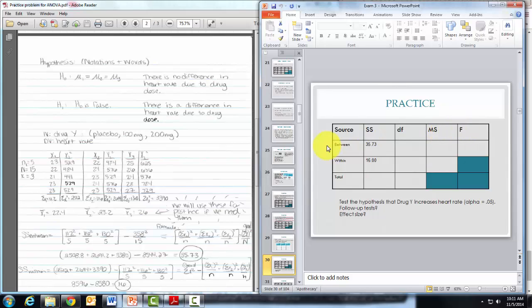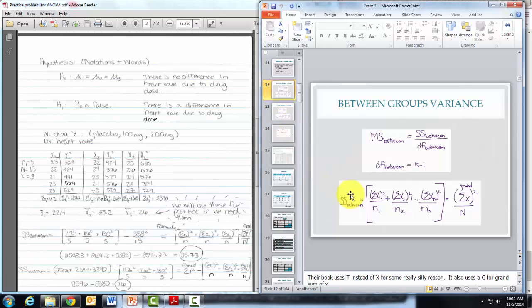Okay? So let's go back over to our worksheet and figure out where I got this sums of squares for between. This is where I'm going to use the sums of squares between formula that we talked about in class. Look at this. This was our formula for between groups variance, or our sums of squares between.